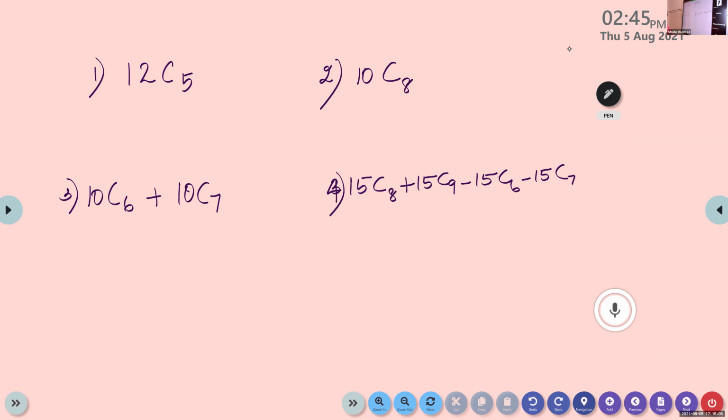Okay, shall we evaluate this? Okay, children. So how to do this 12C5? Samia, what is 12C5?